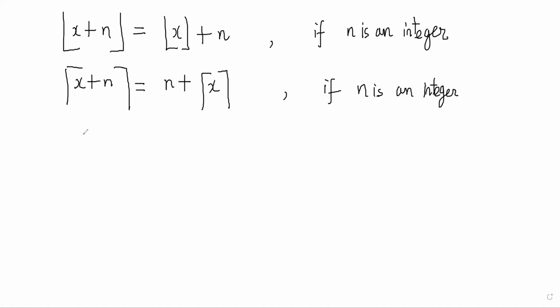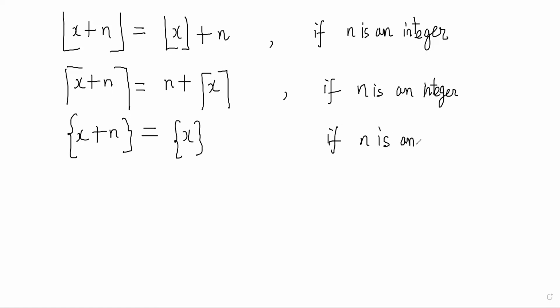And the fractional part of x plus n is simply the fractional part of x if n is an integer, because the fractional part of an integer is 0, so it doesn't contribute to any fractional part.